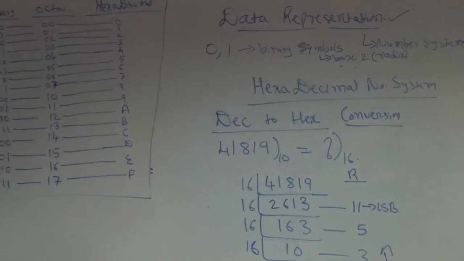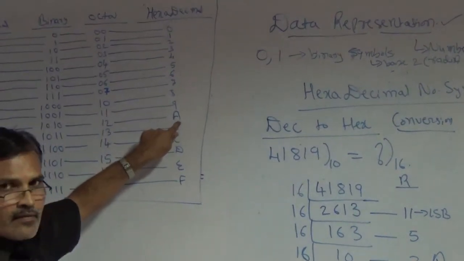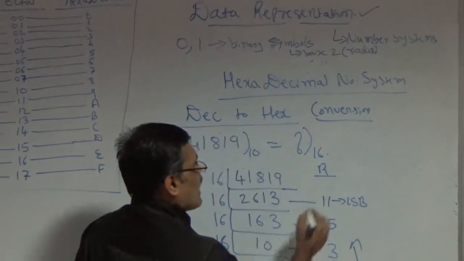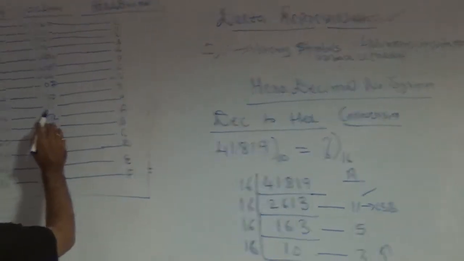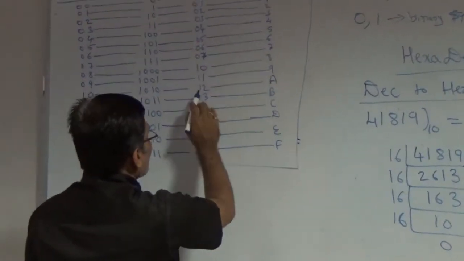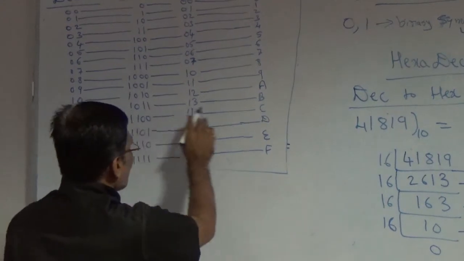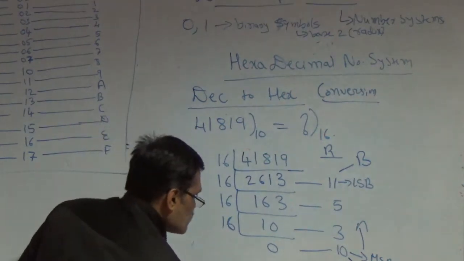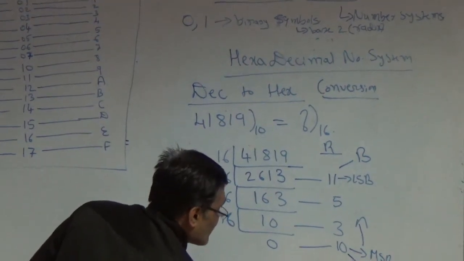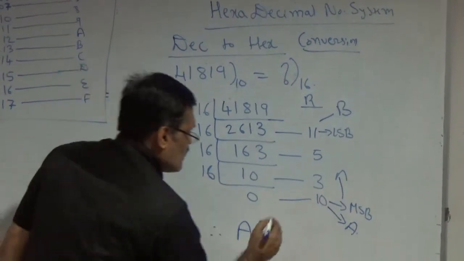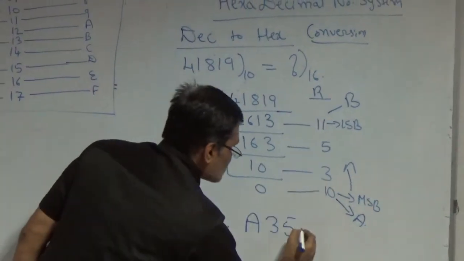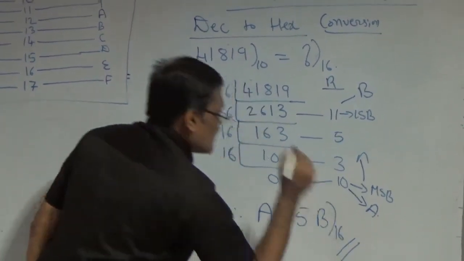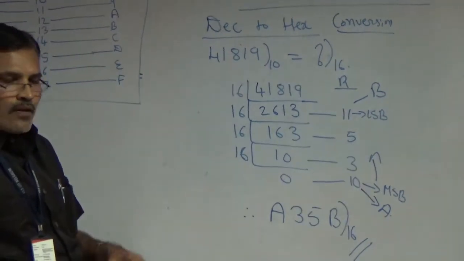In decimal 10, the equivalent hex code is capital A. And decimal 11 is B. So therefore the most significant digit is capital A. The next digit is 3, then 5, and the last one is 11, which is B. So this is the equivalent hex number.